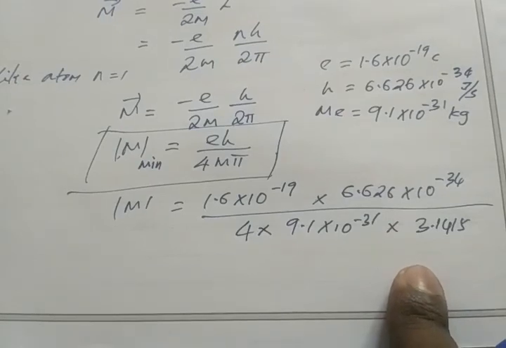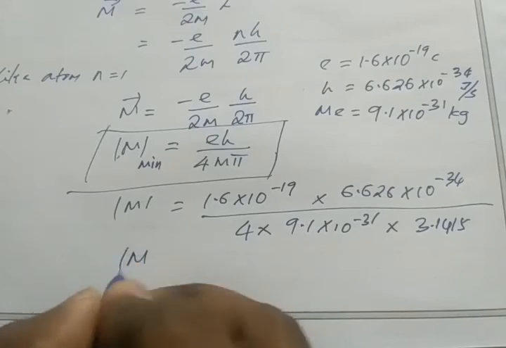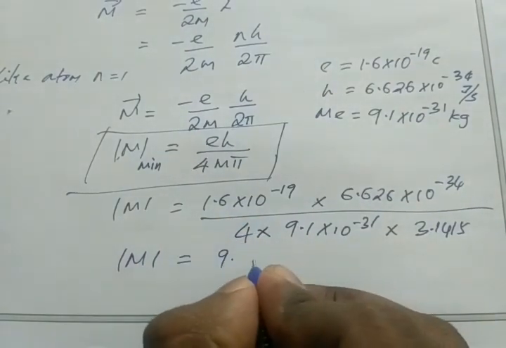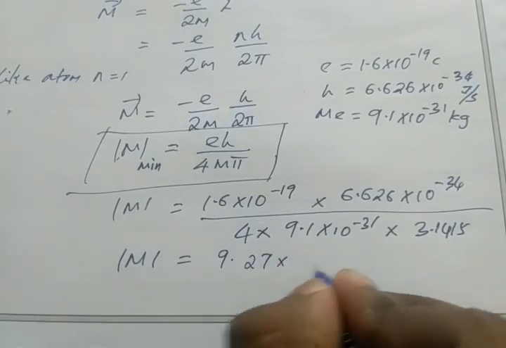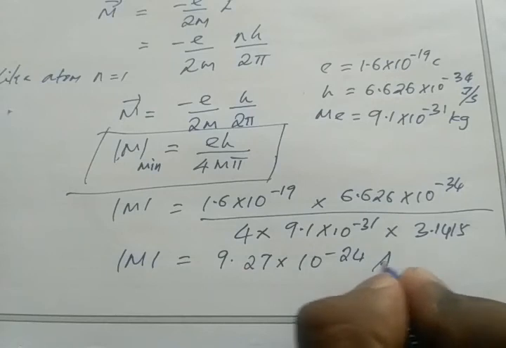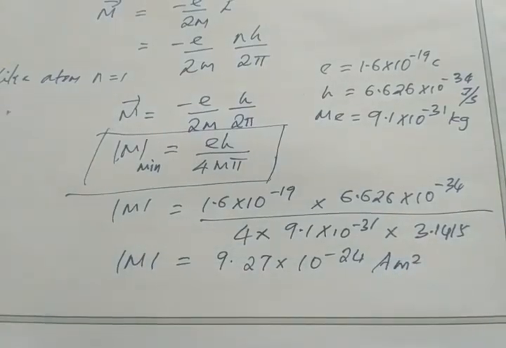If you substitute all the values and solve it, we get M equal to 9.27 into 10 power minus 24 ampere meter square. Very important term that you have to remember.